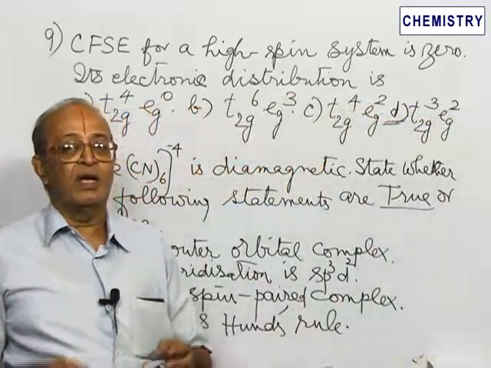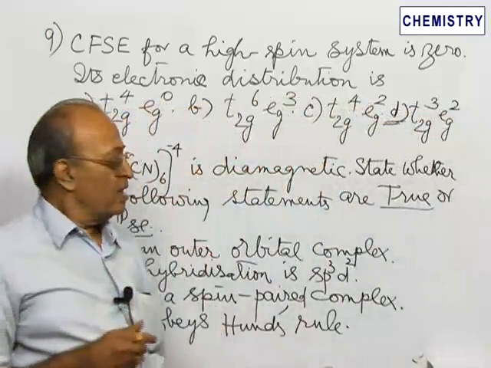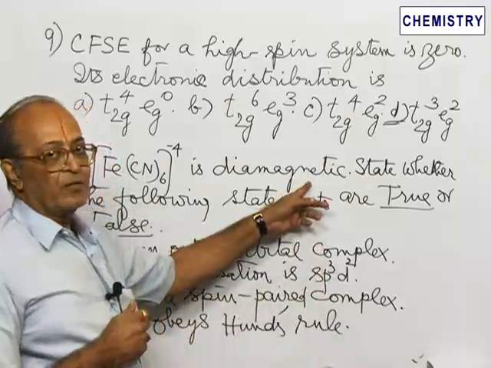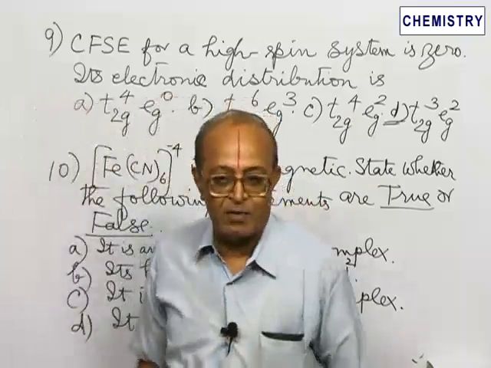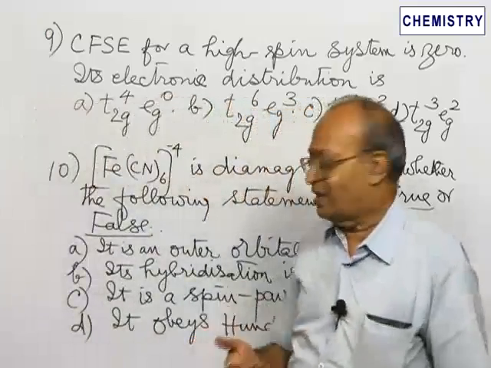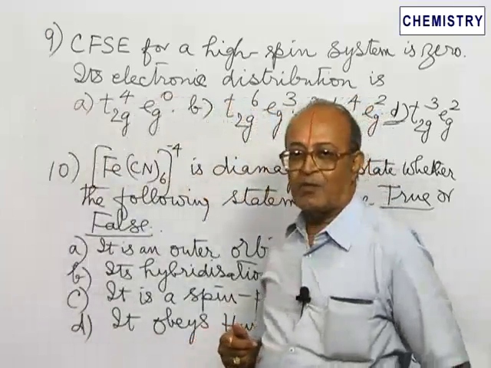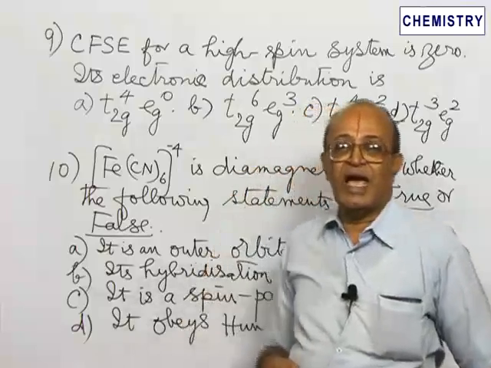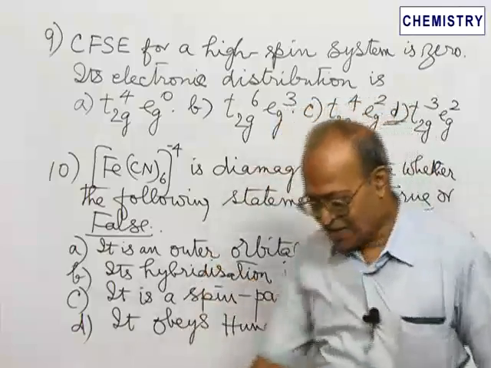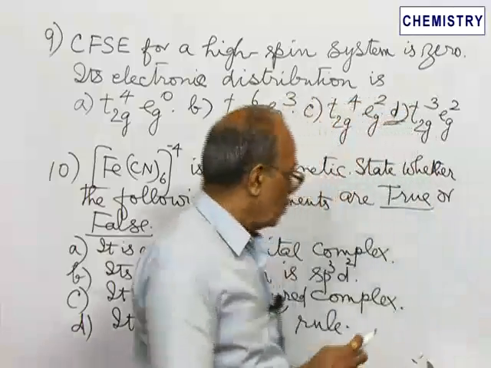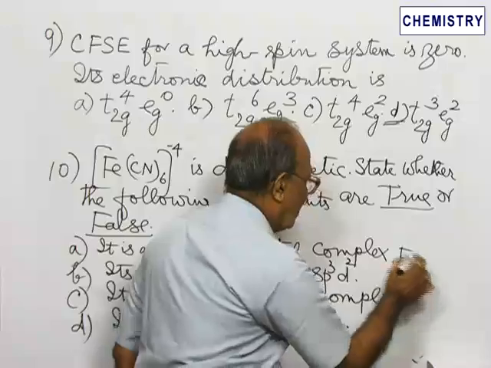That is why the electrons are paired, resulting in the diamagnetic property. If electrons are paired in d orbitals, it cannot be an outer orbital complex, it will be an inner orbital complex. So, statement A is not true, it is false.